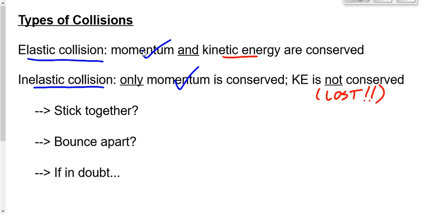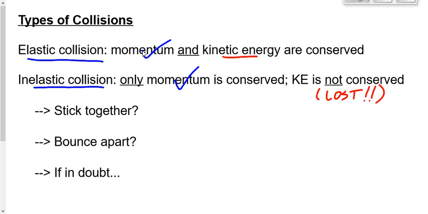How do we know, rather than just have an 80 or 90% chance of guessing correct? How do we know that we're correct? Well, if two objects stick together, we know that kinetic energy will be lost every single time.